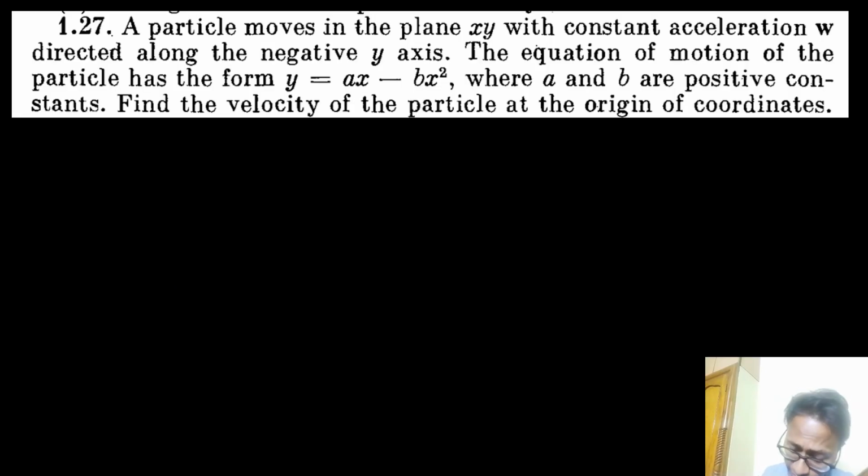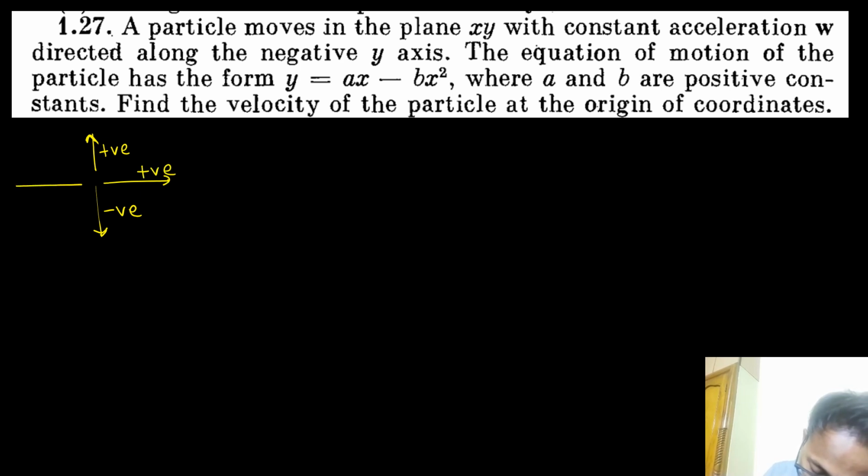Okay, let's look at this question. A particle moves in a plane xy with constant acceleration w directed along the negative y-axis. So this is the positive y-axis, this is the negative y-axis, this is the positive x-axis, and this is the negative x-axis, and there is an acceleration in this direction.